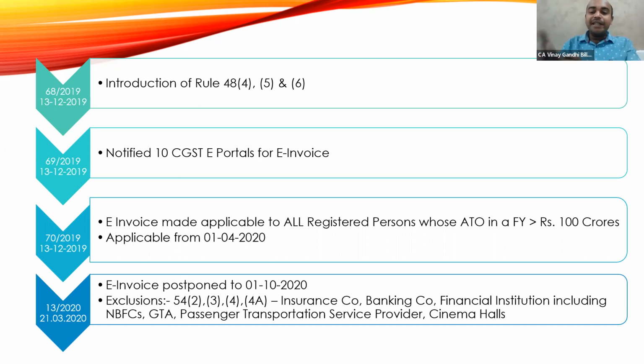The same thing happened in the case of e-invoice also. They said okay, from 1st of October is fine, but insurance companies, banking companies, financial institutions, GTA, passenger transportation service, and cinema halls need not give e-invoice.